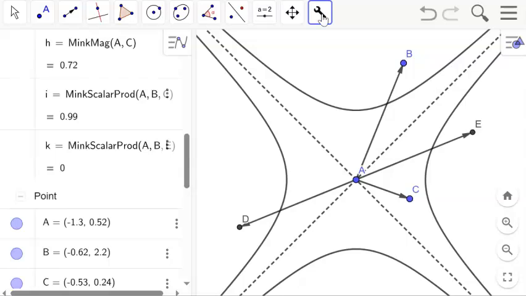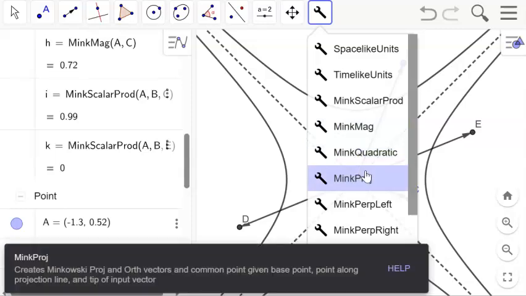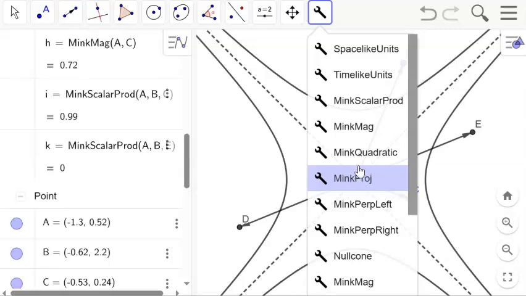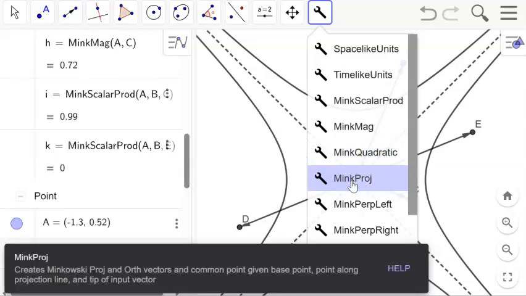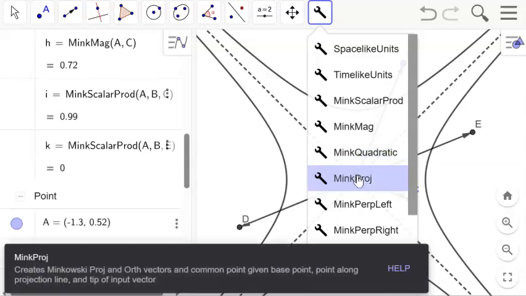All right, and then the most intricate thing is Mink proj. So this is super useful, Minkowski orthogonal projection. We're going to get a base point, a point along the projection line, and then you just need the tip of the input vector.